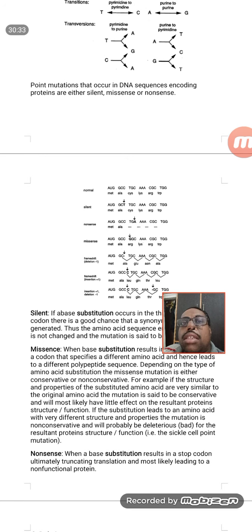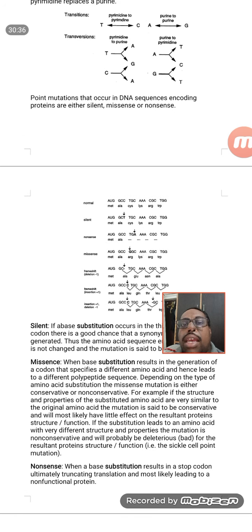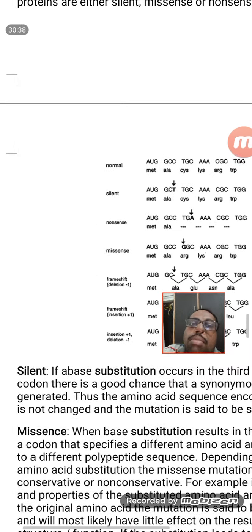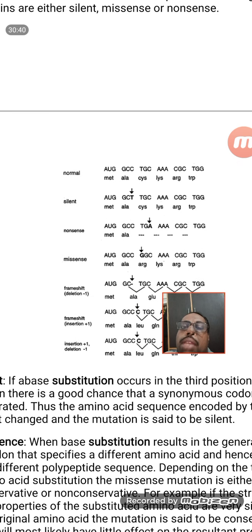Under base substitution mutation, we get some more examples known as point mutations.